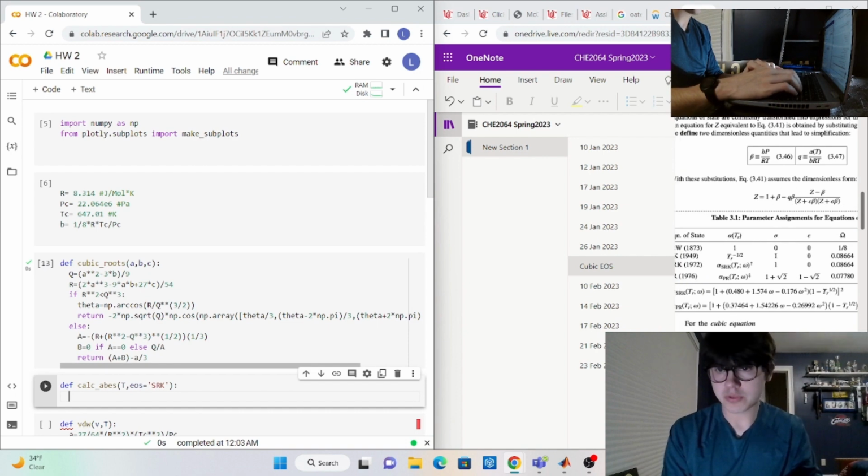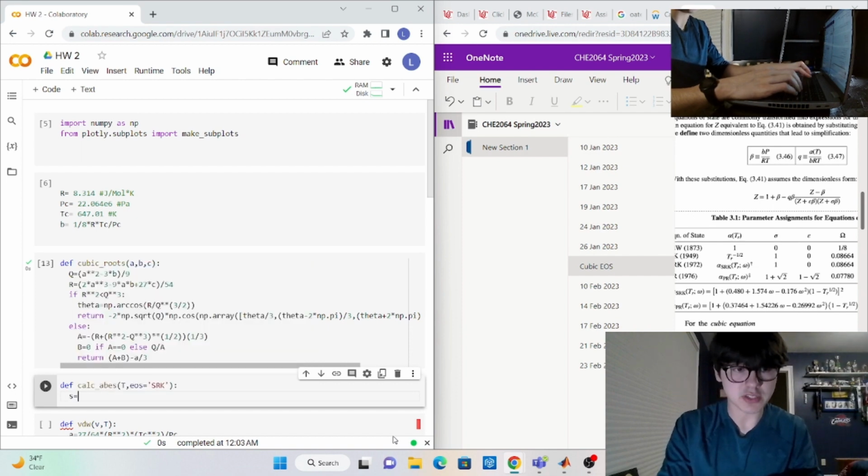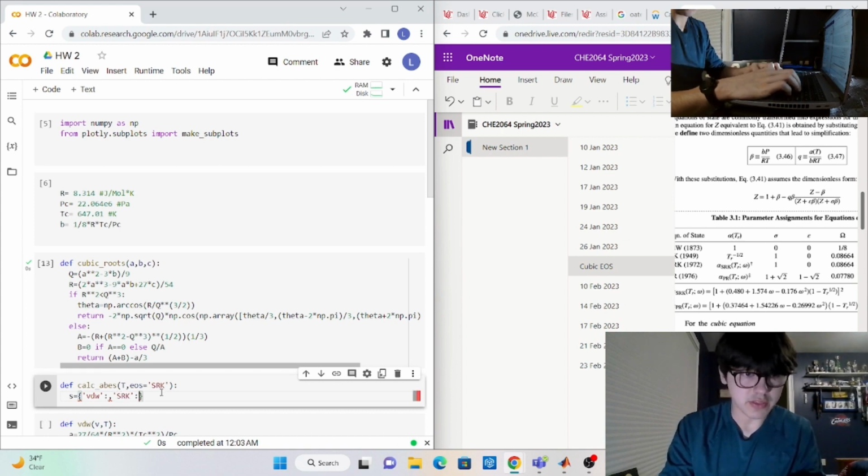So we'll start with sigma here. So s is equal to, and then here I will say vdw, and then comma SRK, and then at the end we're going to code in the EOS.